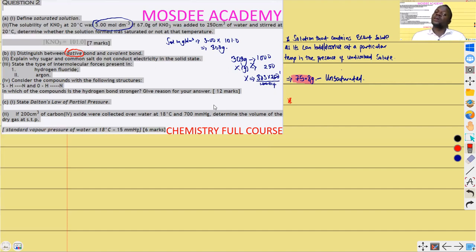So what you just need to write here is that the major difference is that in dative bond, only one participating molecule is donating electron.